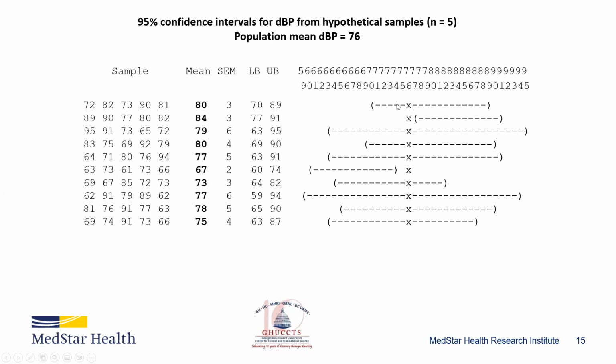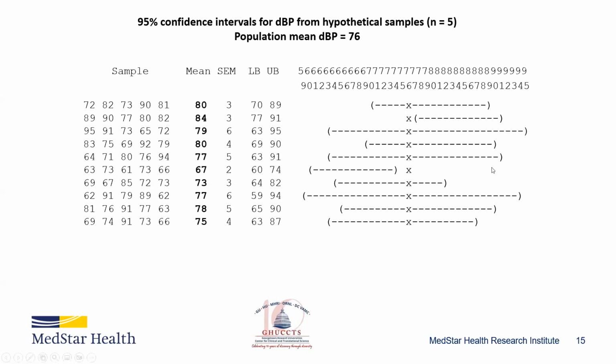But of course, that means that on average, 5% of the time, the confidence interval will not include the population mean. And you can see that happened a couple of times here. And so this means that we don't have a very good estimate of our population mean.